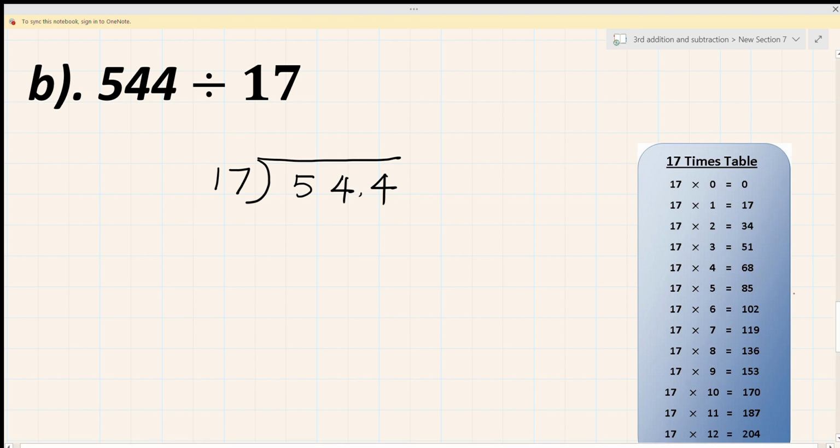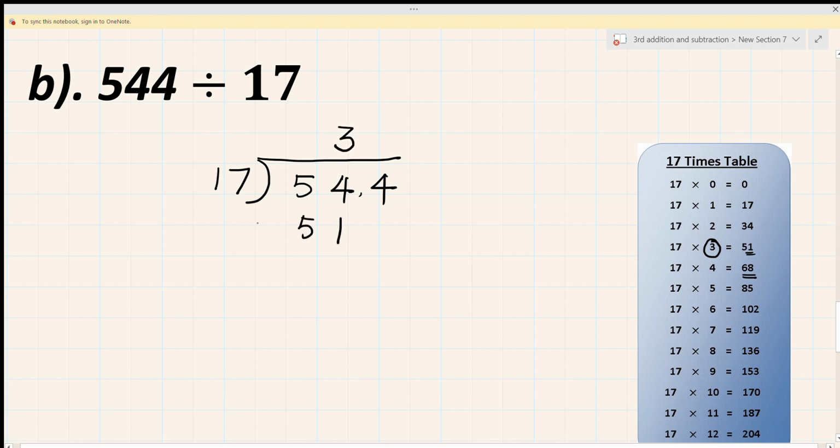So now look into the table of 17, whether you have 54. 17 twos are 34, 17 threes are 51, 17 fours are 68. 68 is bigger than the dividend, so we are going to take 51. We are getting 51 the third time. So write 3 in the quotient, 51 below the number.